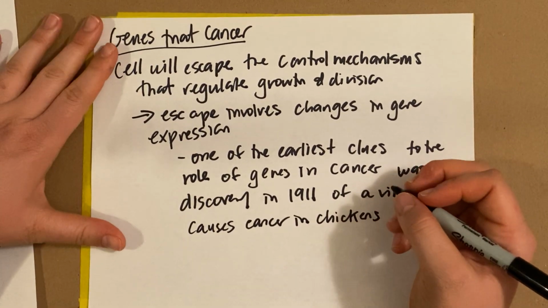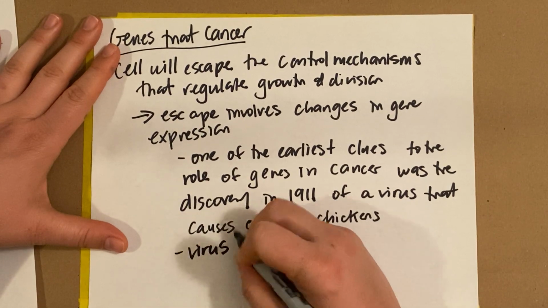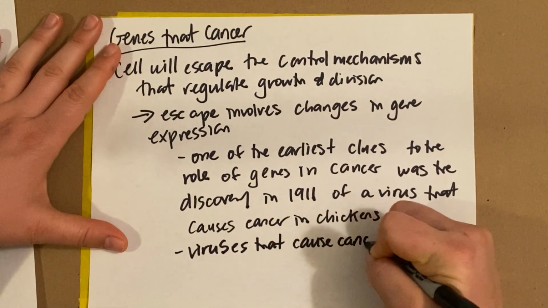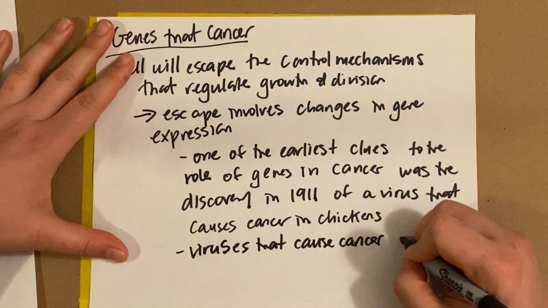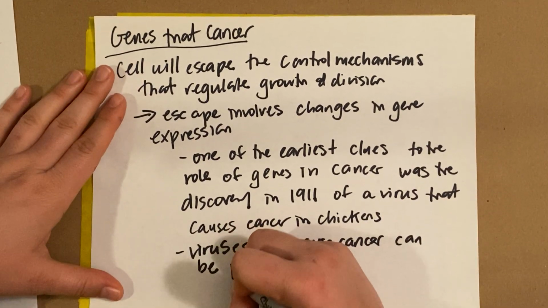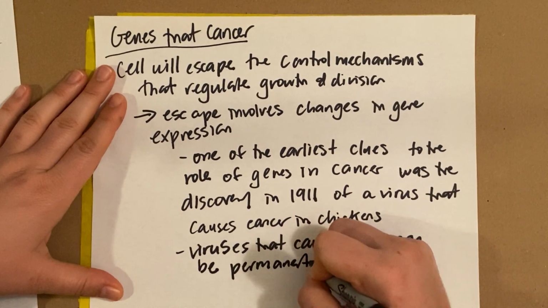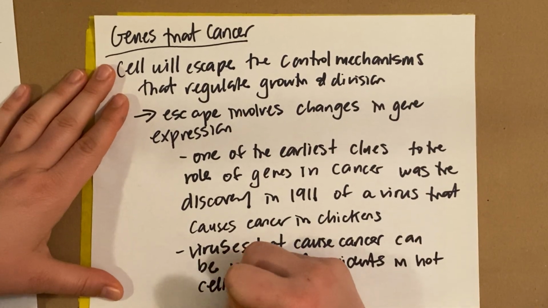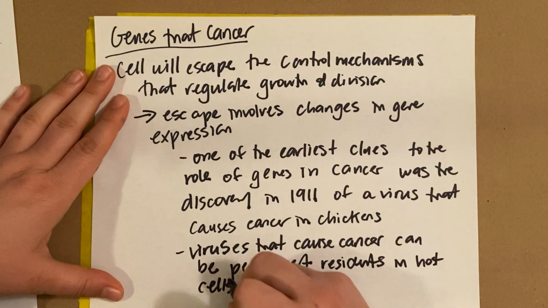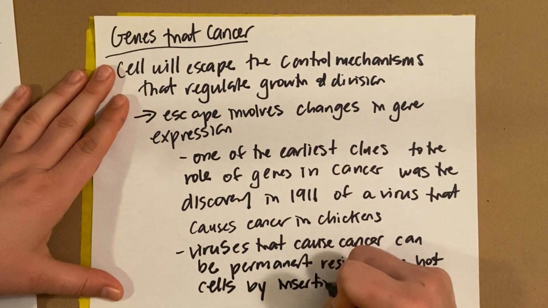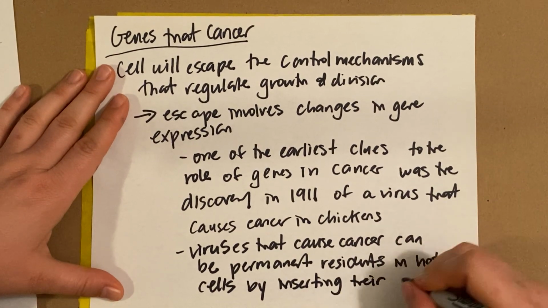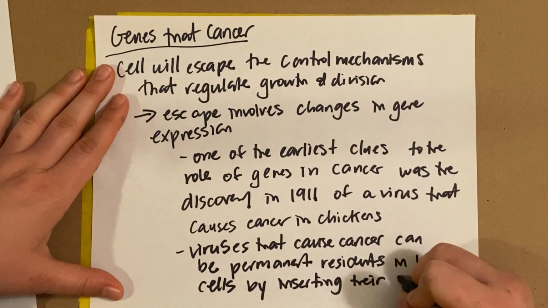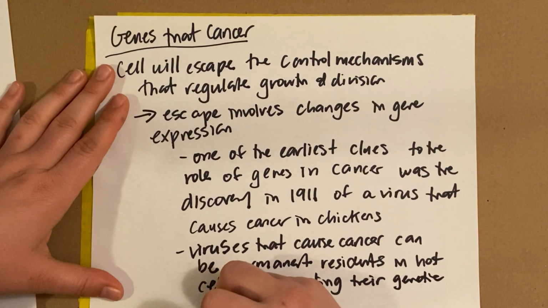Okay, and so what happens is that the virus, or viruses that cause cancer, and there's a lot of them that do, can be permanent residents in host cells, not hot cells, host cells, by inserting their nucleic acid, basically inserting their genetic molecules.